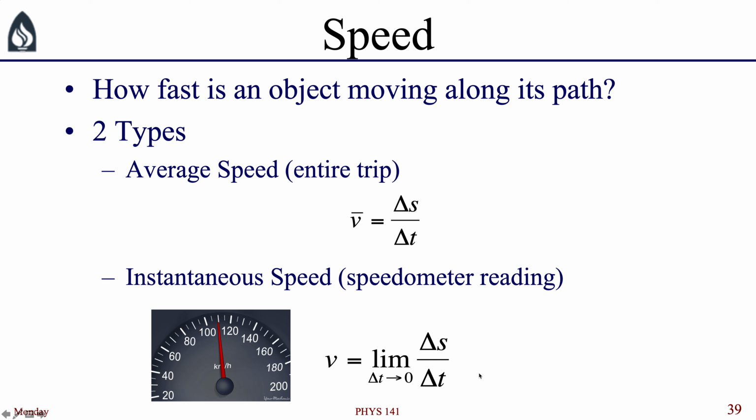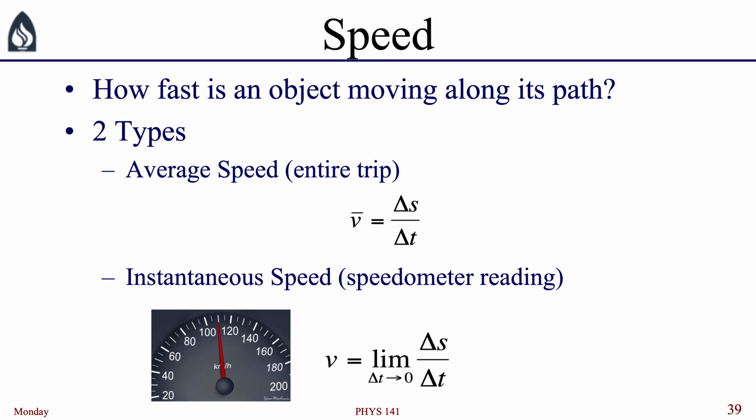So with average speed, you could be averaging over a very long period of time. For instantaneous speed, you want to consider your speed at any instant, so over a very, very short time interval. And that's what's meant by this. We're taking the limit as the time interval is becoming very, very small. So for instantaneous speed, your speed at any instant, you would want to use a very small time interval to calculate speed.